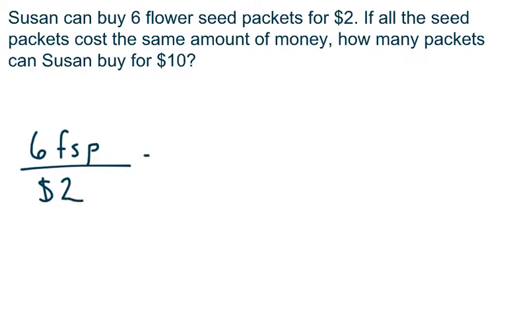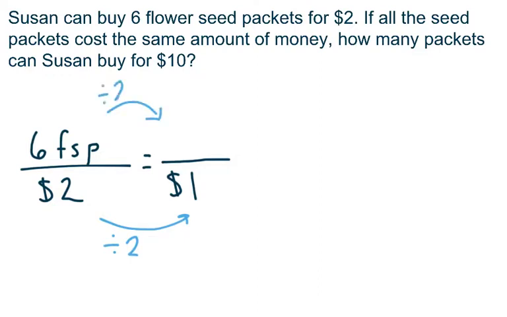And I'm putting the dollars as my denominator because I know that I'm going to have to get my rate down to $1. So let's see. How do I get from $2 to $1? Divide by 2, of course. Got to do the same thing to the numerator as well. So I can get 3 flower seed packets for $1.